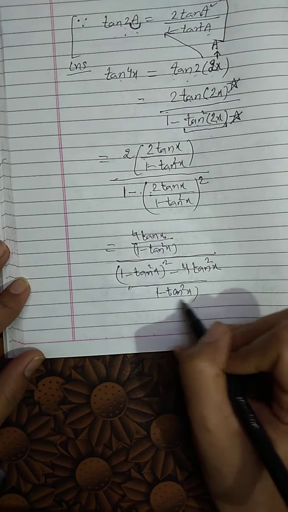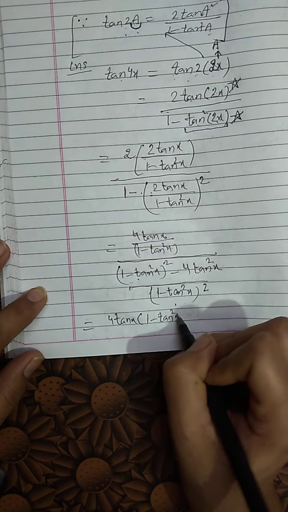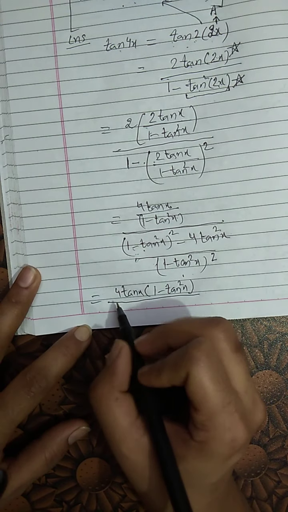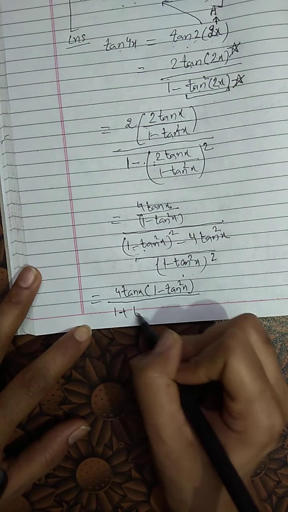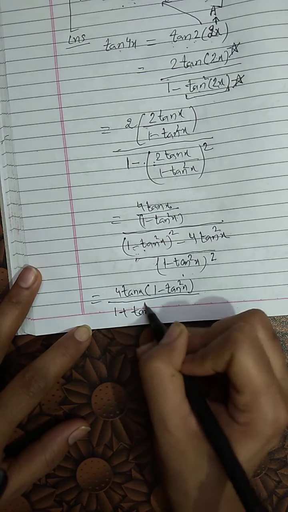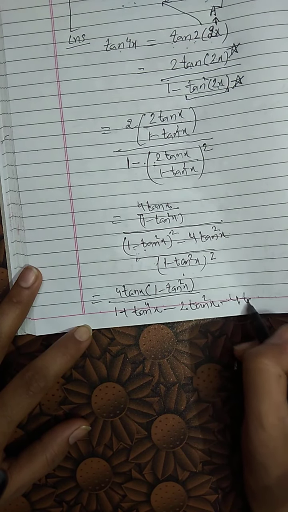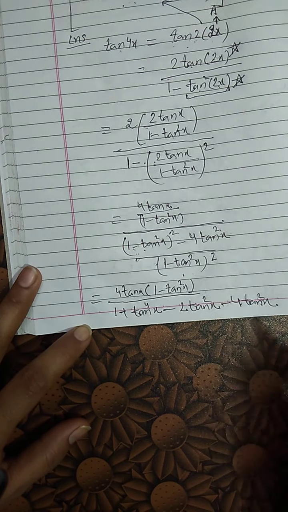Okay, so here the square will get opened, and these two terms will get cancelled, one term will go to the numerator. So what is left? It is 4 tan x. Here we will have 1 minus tan square x, and the denominator can be written as 1 plus tan raised to power 4x minus 2 tan square x, and this minus 4 tan square x will come as such. Now I think the sum is done.